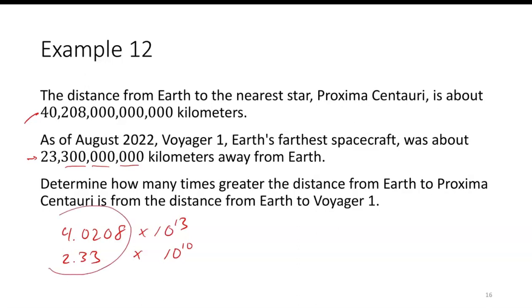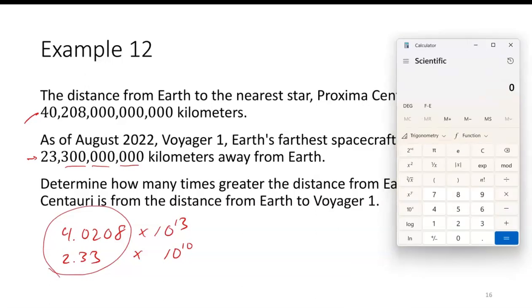So this first part, the 4.0208 divided by 2.33, that's approximately, let's go 4 places, 1.7257.